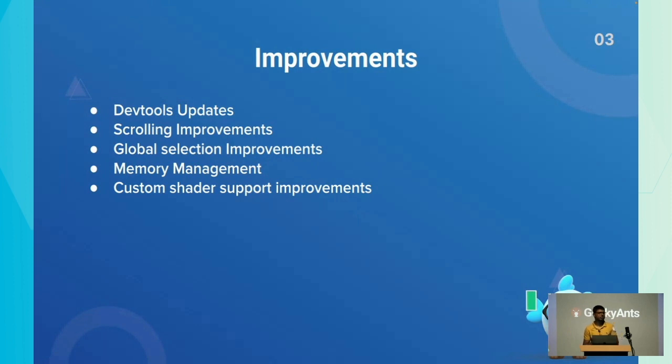And also there are some scrolling improvements, which I think must be mainly related to Flutter Web. And the global selection which came out last time in Flutter 3.3 has also been improved. The memory management, I think the GPU usage has been enhanced a bit. That will also help a lot. So this was mainly what was announced at Flutter Forward.